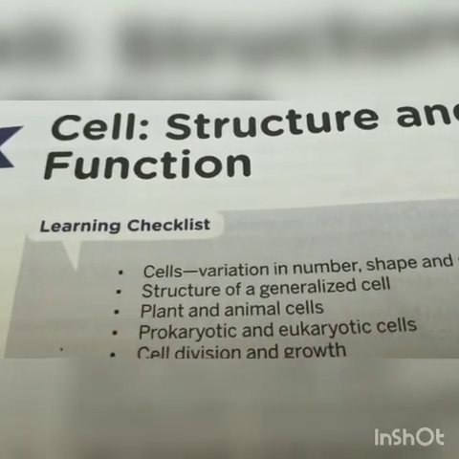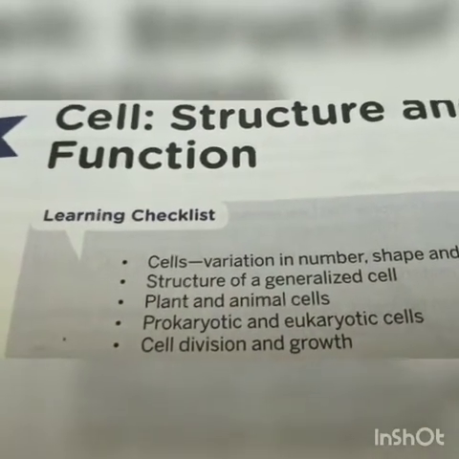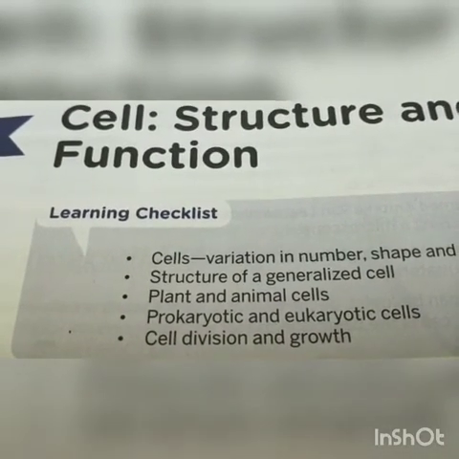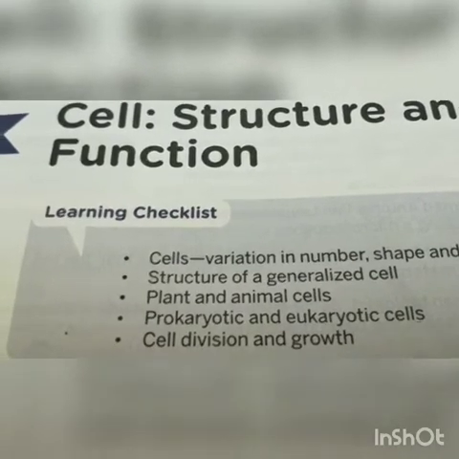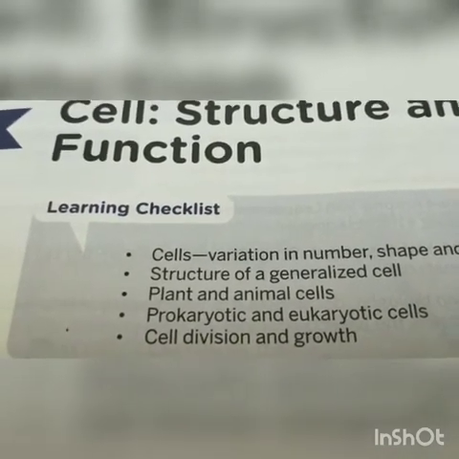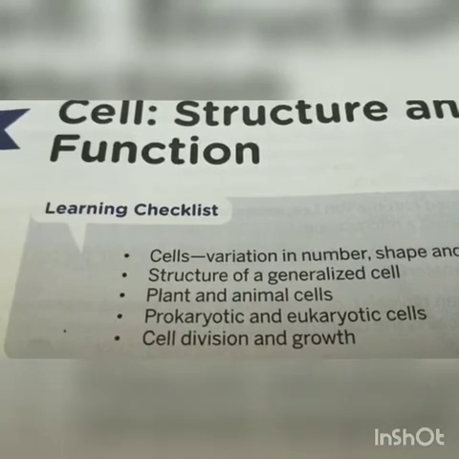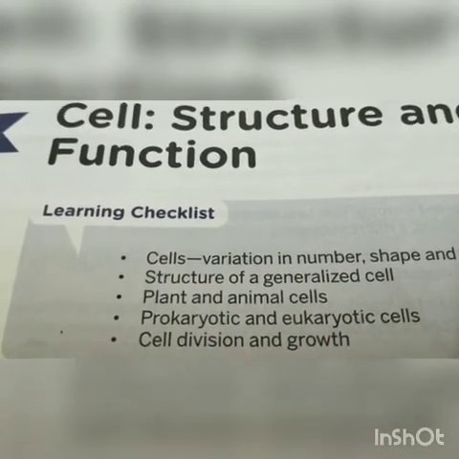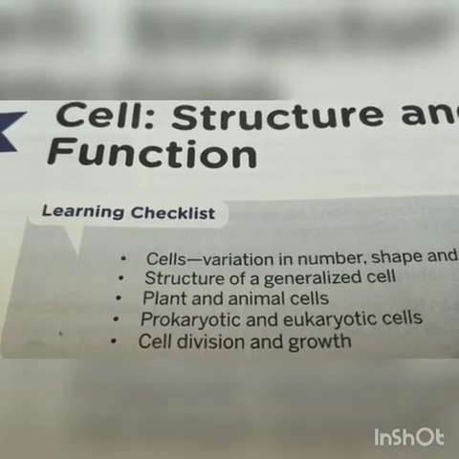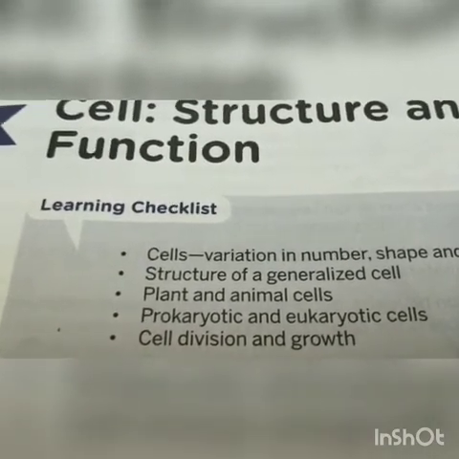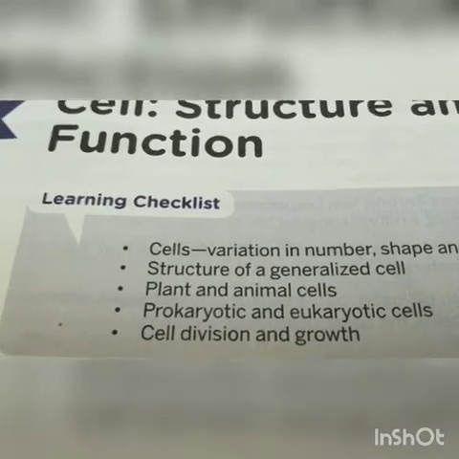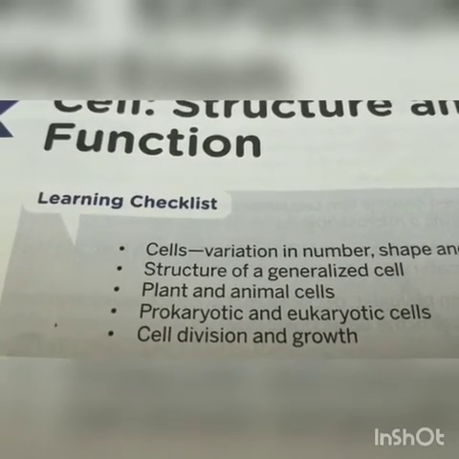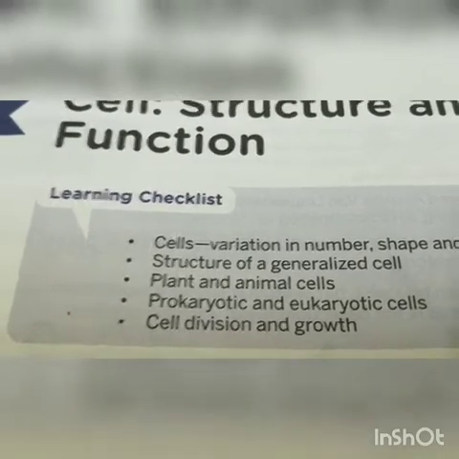Now, what is a cell? So, cell is a very small unit of life. Okay? It is the basic unit of life. Cell is called the structural and functional unit of life. All the organisms are made up of cells.